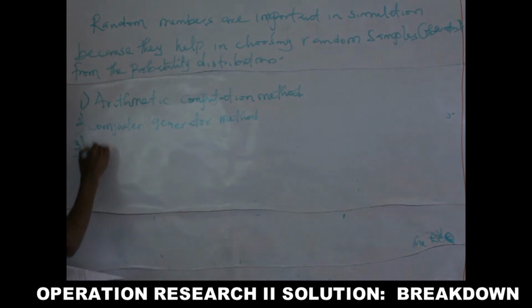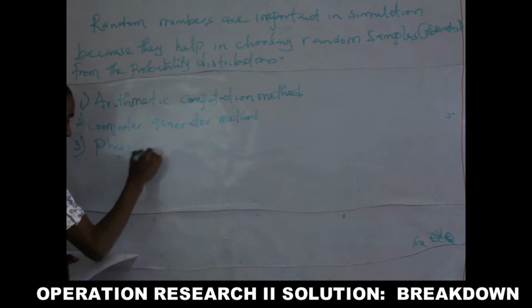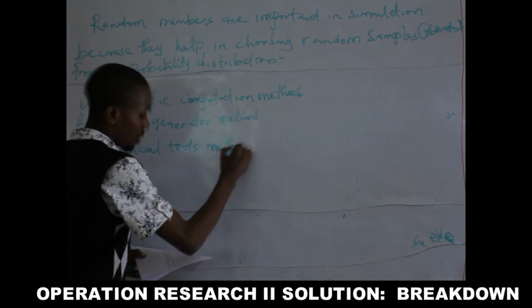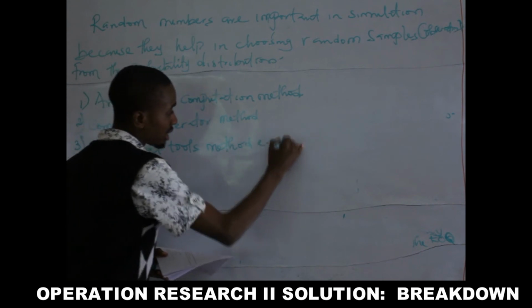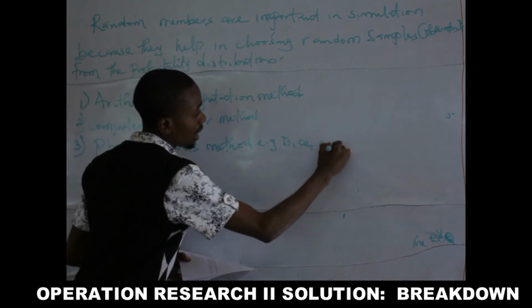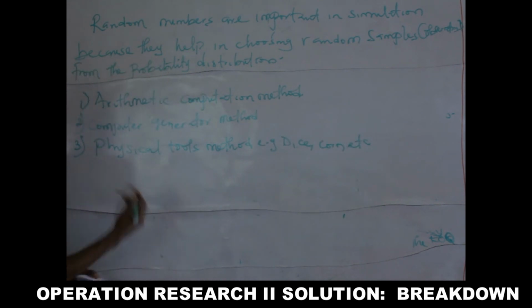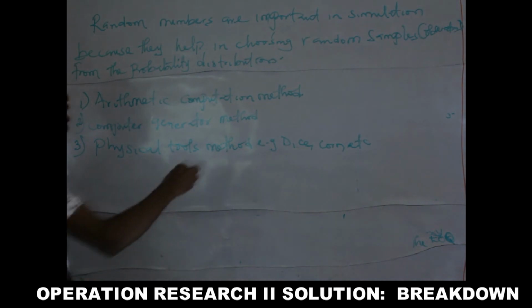Then the third one is the physical tools method, e.g., dice and coin. This physical tools method is based on what you have been taught earlier on.